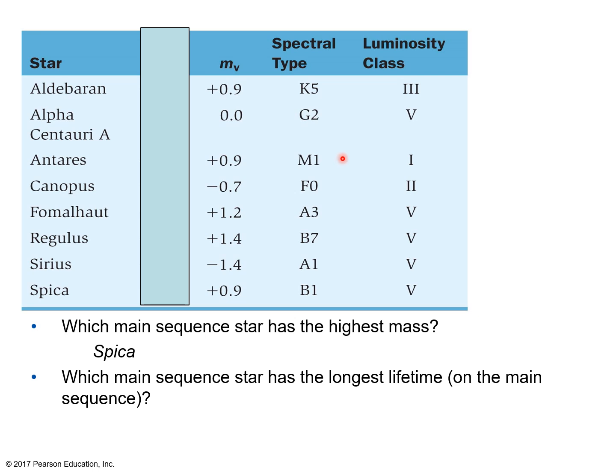So we're not even going to think about Aldebaran, which is class 3, Antares class 1, and Canopus class 2. Of the main sequence stars, here we have a G2, that looks promising. All the others are A's and B's, and so G is going to be the farthest down and to the right, so Alpha Centauri A.